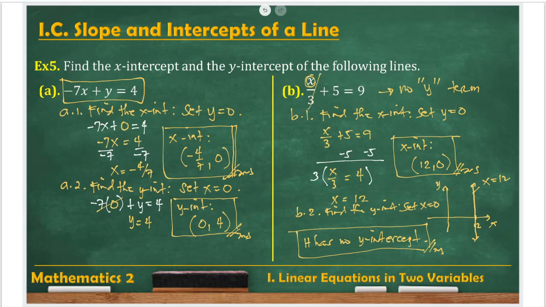So ang maiwan lang sa atin, mawawala itong term na to, ang maiwan lang is 5 equals 9, which is a contradiction. So it's a false statement. Therefore, you cannot really get the value for y. And since our equation has no y term, has no y variable, then it's impossible to solve for a y value. Therefore, the given line has no y-intercept. Okay, so that's it for the slope and intercepts of a line.